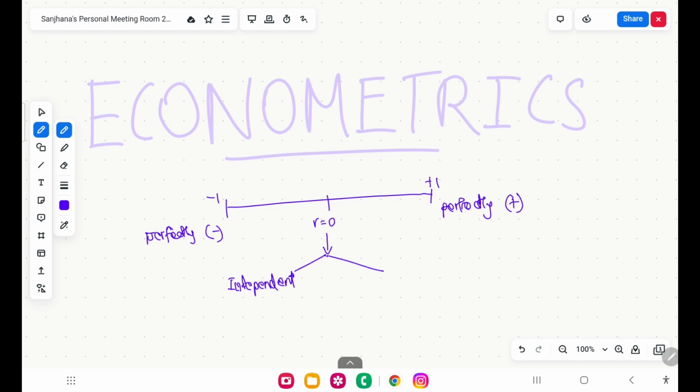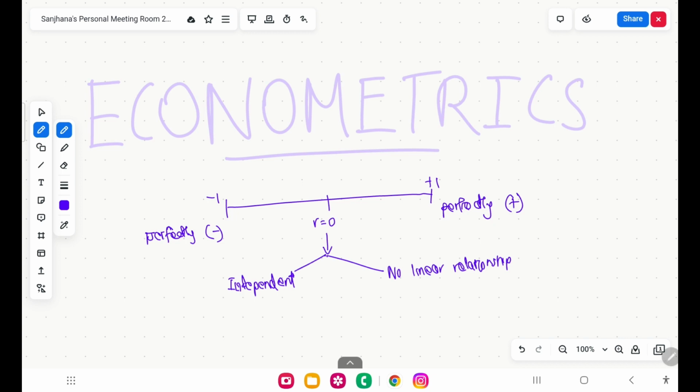There is no relationship between them. Another way of interpreting r equals 0 is to say there is no linear relationship. You might remember that in correlation we talk only about linear relationships. We never touch non-linear relationships. So when r equals 0, it can give us two outcomes.